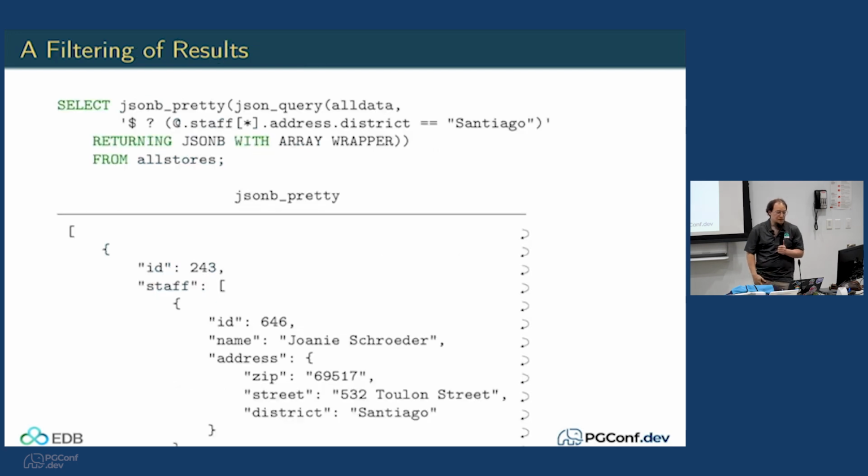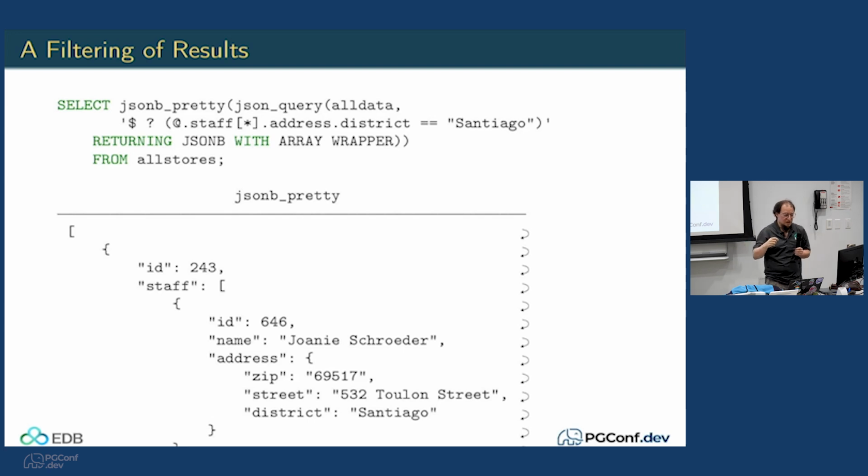So, for instance, you can have an example here, which is $, the context item, and then you apply the colon, the question mark operator, which is like a where clause in the JSON.